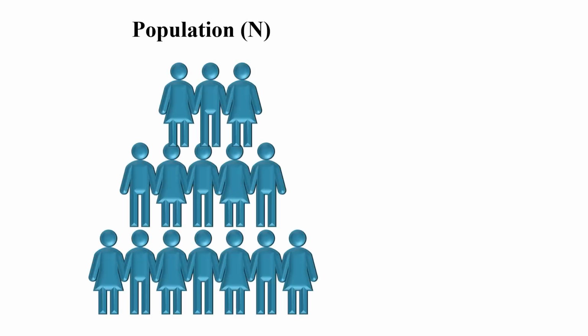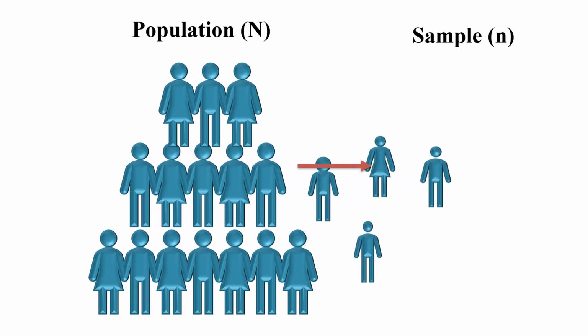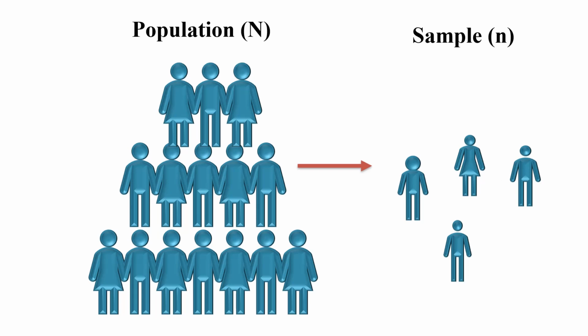Generally population is denoted by capital N. Let's assume that this is our population, and the sample will be denoted by small n. Here, only a few people are selected from the population. So these four are our sample now. These four people are part of our population, so they are known as the sample.